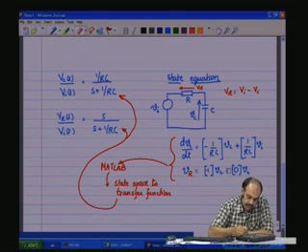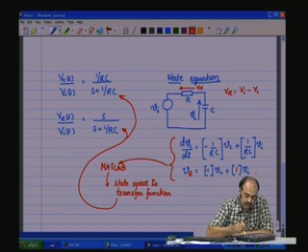So, I erase the 0 and put a plus 1 here. So, this is our output equation now. C is minus 1, D is 1. This is the change that you have to do to obtain VR.